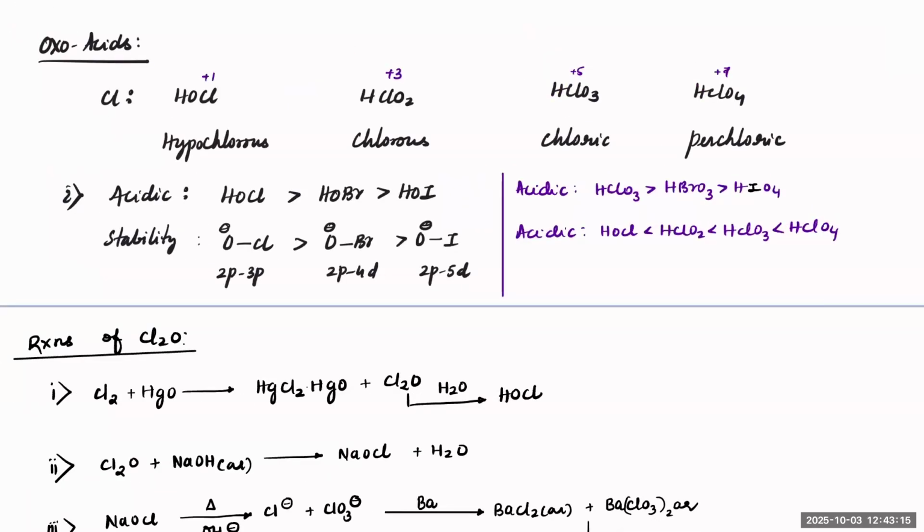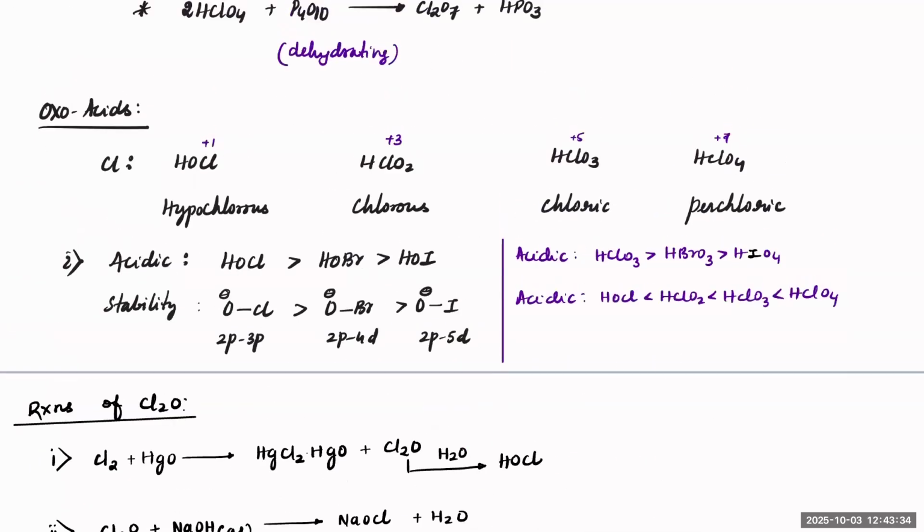In the reducing properties, HClO3, HBrO3, and HIO3, this is the order in which it will be. Here also, acidic strength increases as the oxidation state increases. Here it is +7, +5, +3, and +1. Are they clear, beta?